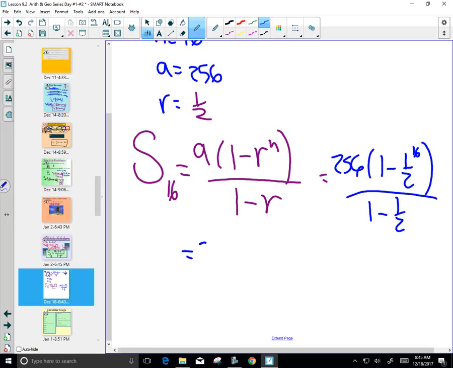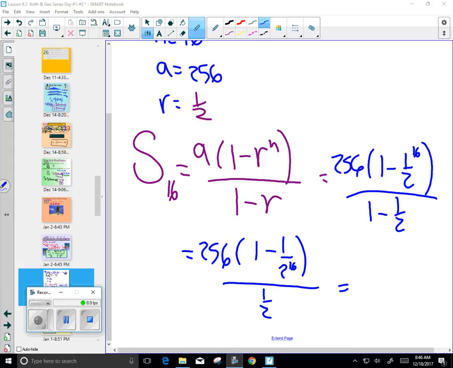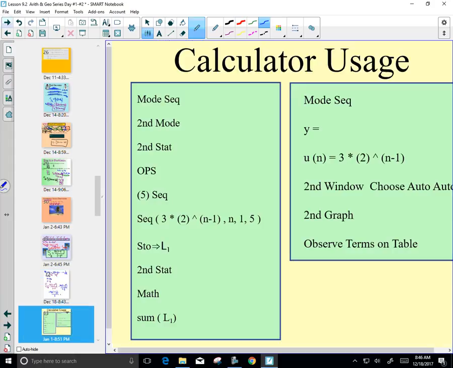So that's going to be 256 times, 1 minus 1 over 2 to the 16th, all over 1/2. What do you get for a sum? It's going to be a decimal probably. And we'll let you calculate those out.